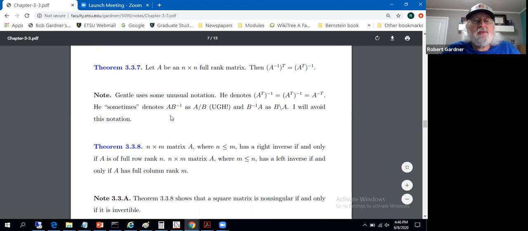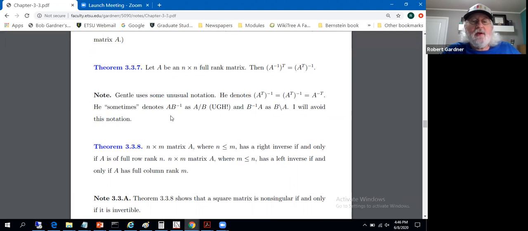Let me complain about our textbook again. It's kind of my thing. The textbook uses some odd notation. Sometimes Gentle, the textbook author, denotes A transpose inverse, which we could also write as A inverse transpose, as A negative T. I just don't like that. That's a muddling together of some really different things.